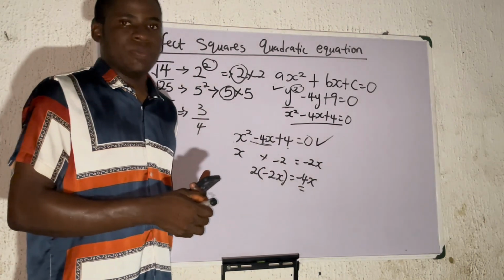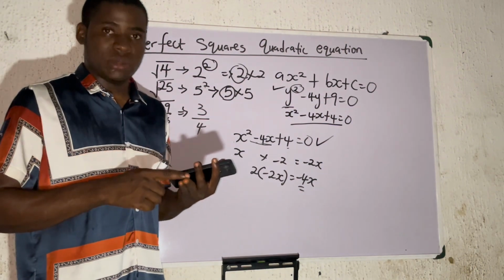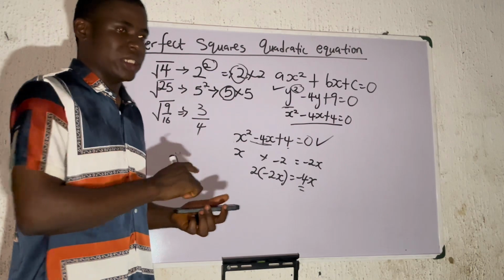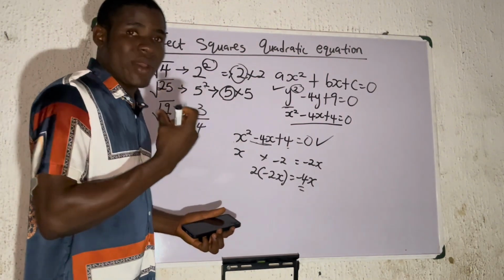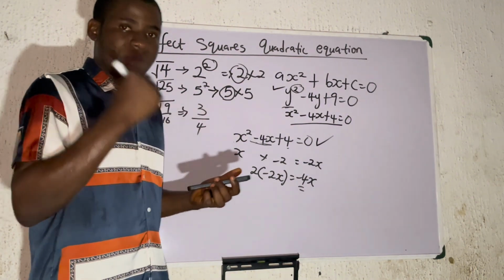Now, let me repeat. The first condition says that the first and last terms must be perfect squares, right? The second condition, which I did not state earlier but did explain, says that 2 times the product of the square roots of the first and last terms must give the middle term.